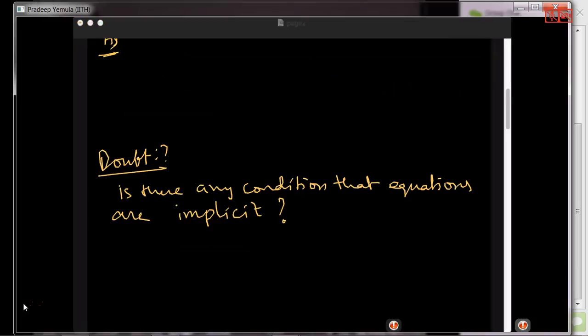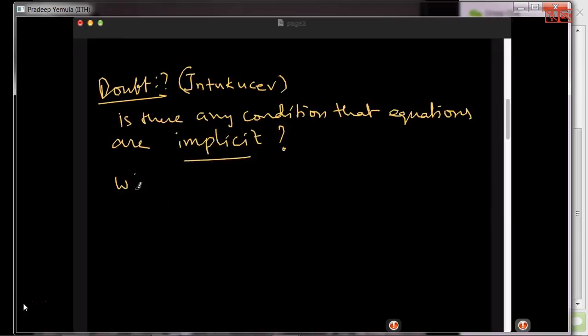So this is a doubt asked here. Is there any condition that equations are implicit? So first of all, did everyone understand the doubt? So what happens when the equations are implicit?